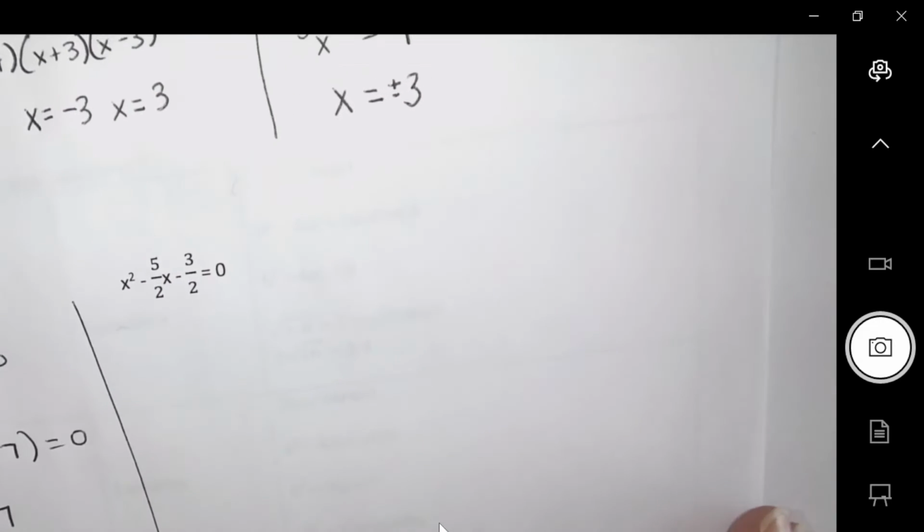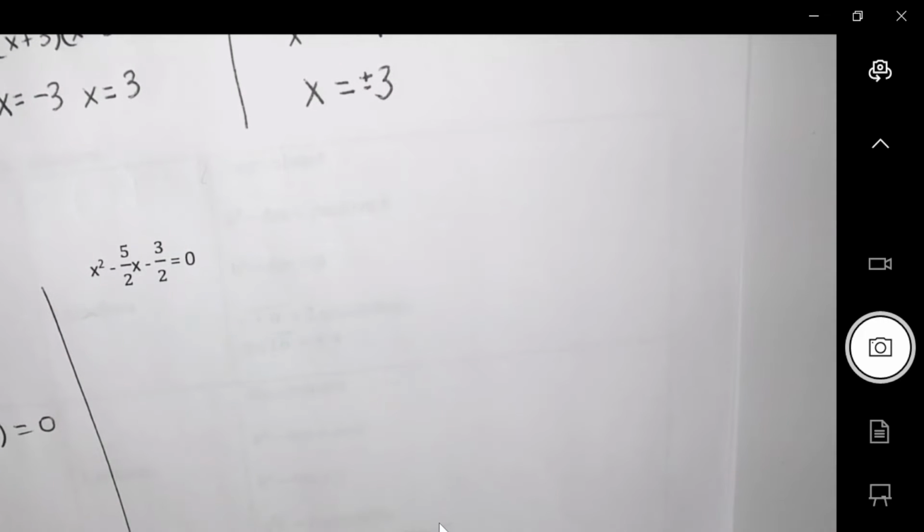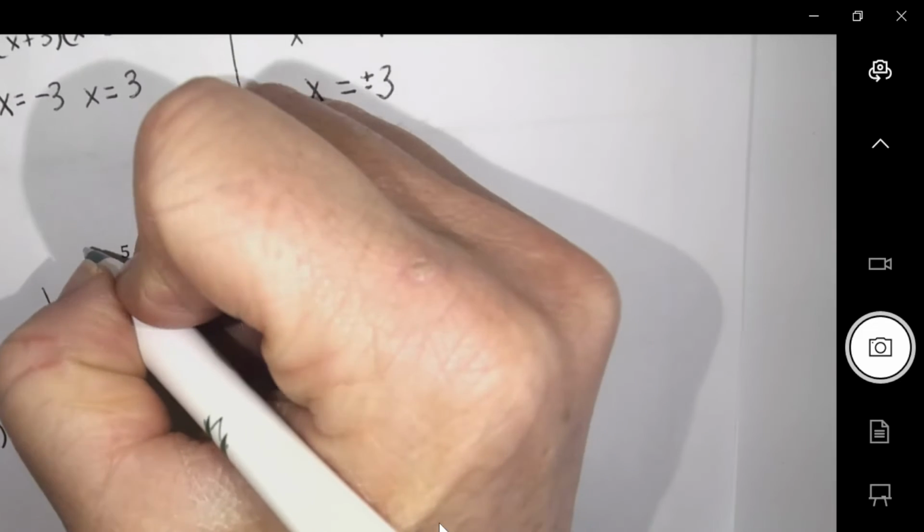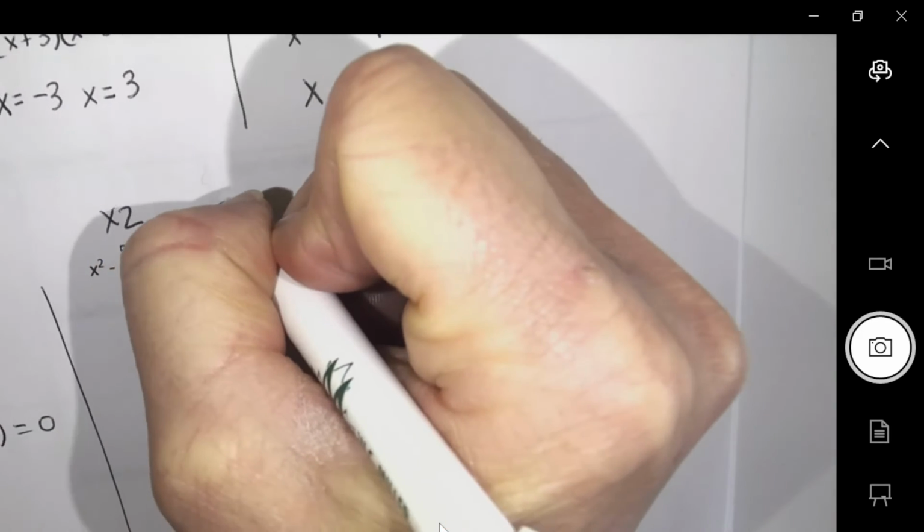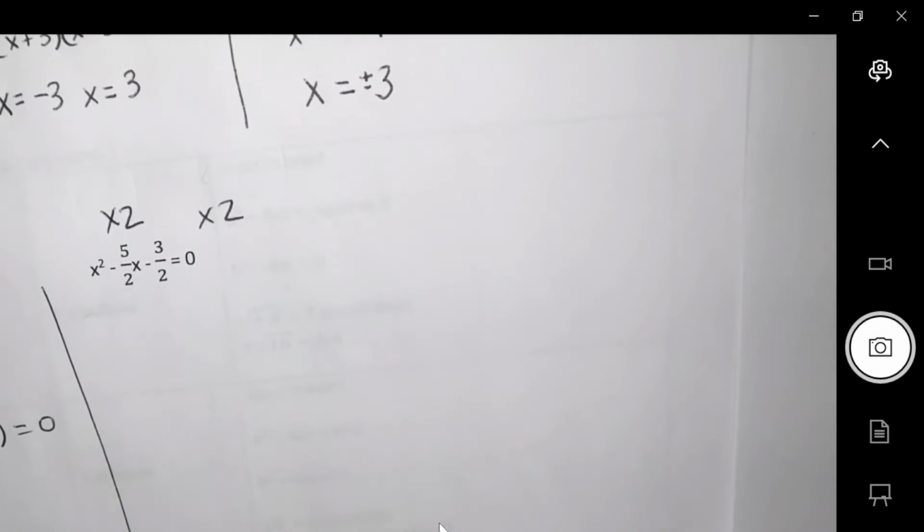Okay, and this last question. What is the part I don't like about this question? I don't like the fraction. The fraction is containing a divide by 2 and a divide by 2. So mathematically, I'm strategizing. How could I get rid of that? I'm going to times everything to balance it out.